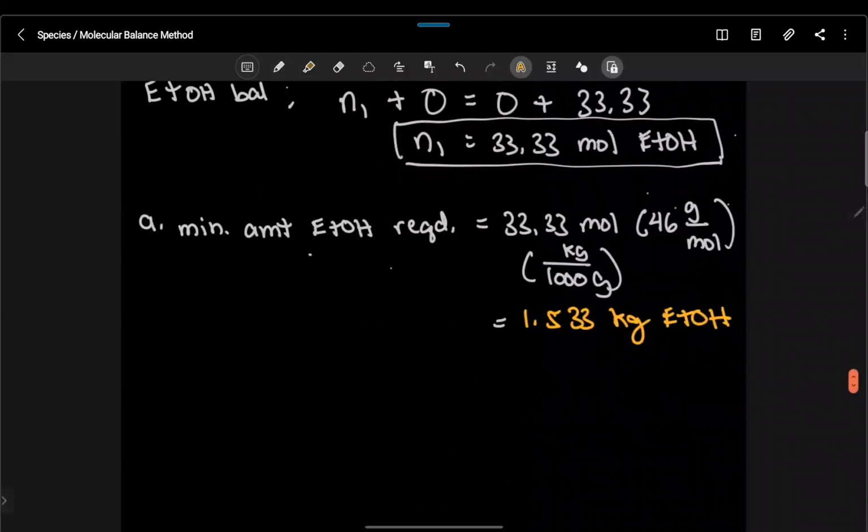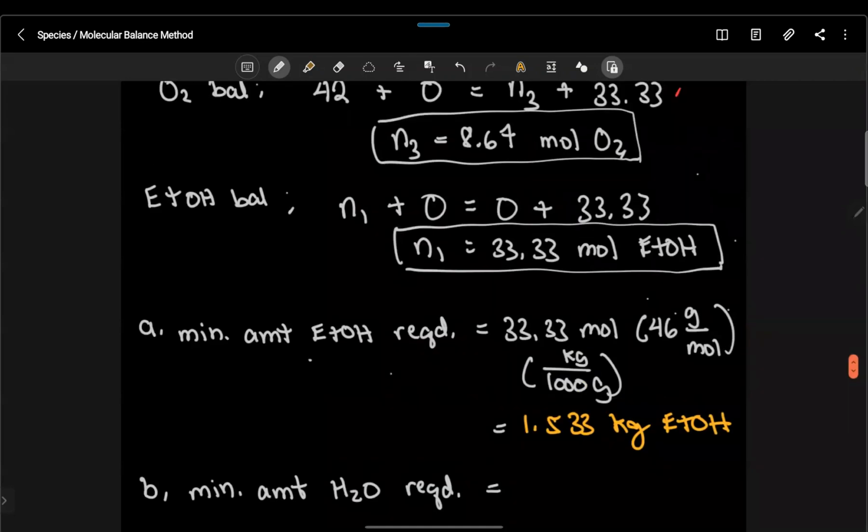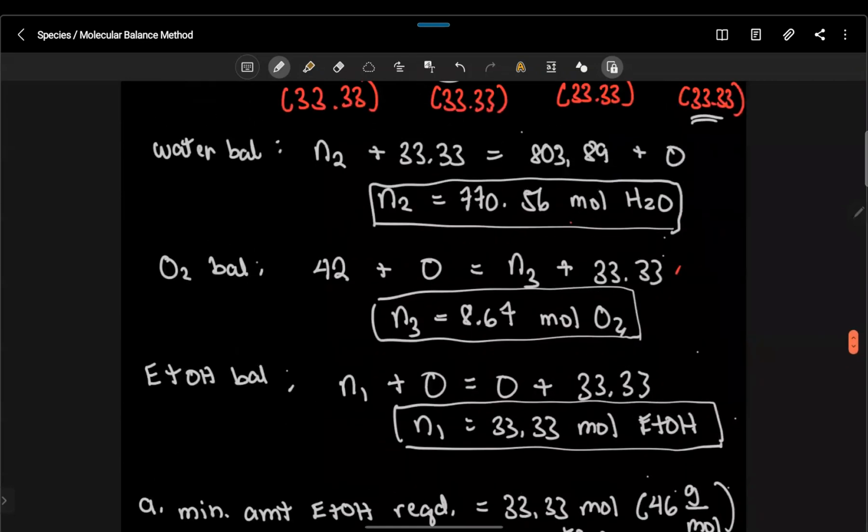Now, let's go to letter B. Ang tanong doon ay minimum. So, di ba, puro siya minimum kasi nga 100% completion. Amount of water used or required. Eh, ano ba yung amount ni water? Nasaan siya? N2, this one.